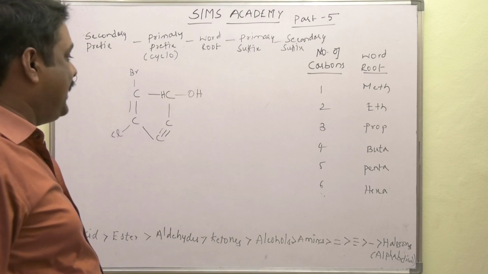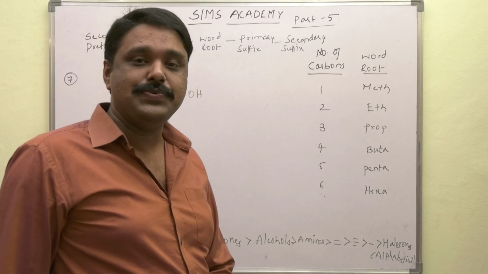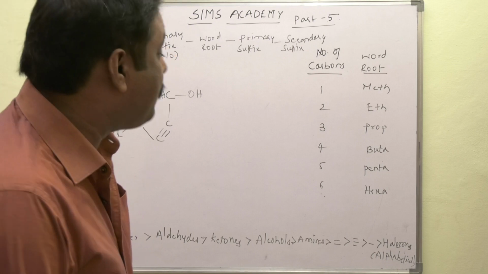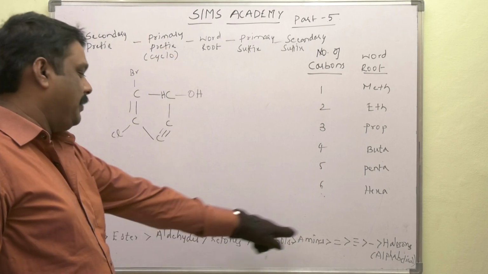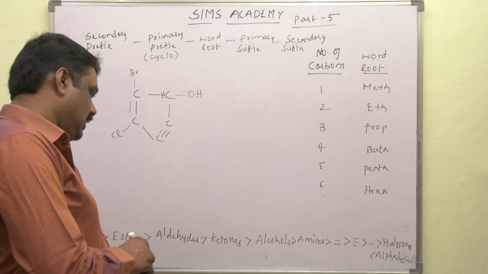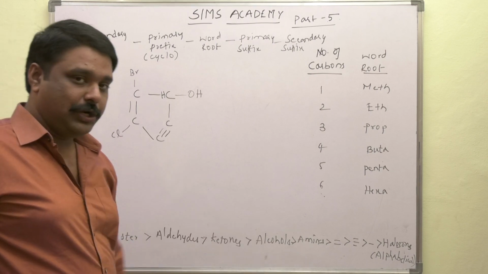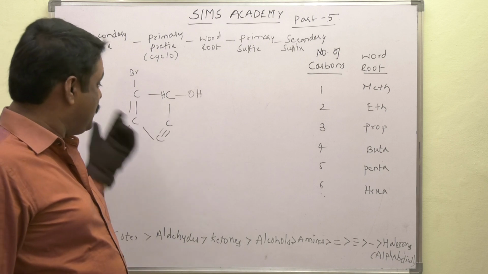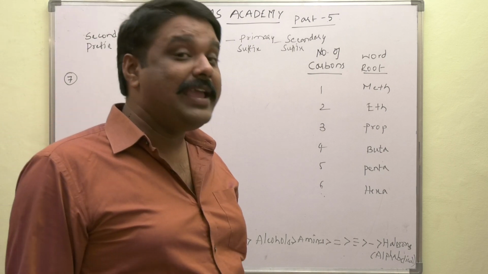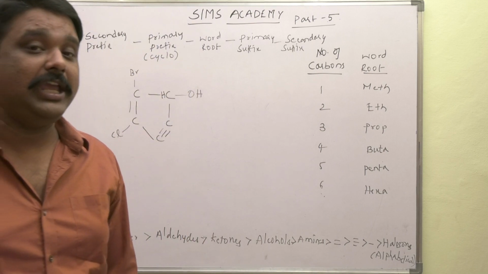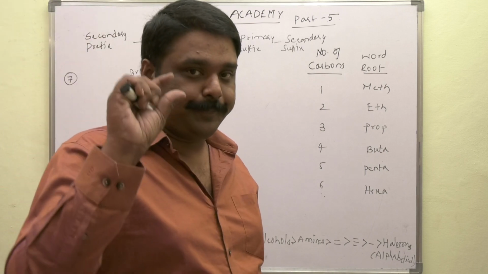Now, from each end I give the numbering. Numbering must be given from where? Now go to the priority of the functional groups. Here, we need to give priority to the alcoholic group. Even though we have a double bond and a triple bond, after the alcoholic group, to which group are we supposed to give the priority? Double bond.